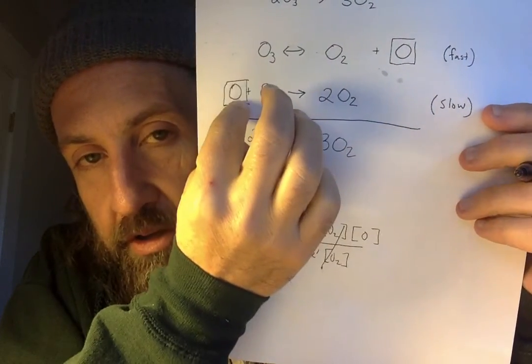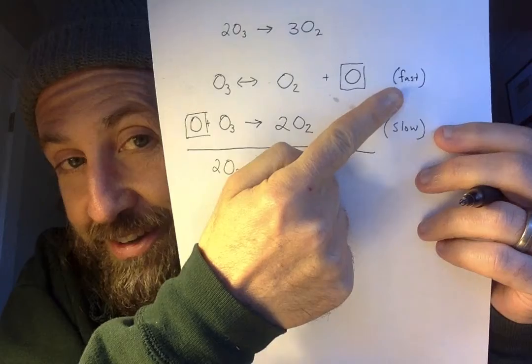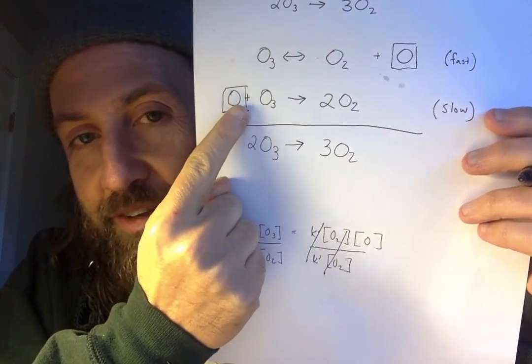So I can plug that in right here. Actually, I want to plug it in right there because that's the slow step. Don't plug it in the fast step, plug it in the slow step. So I can plug that into the slow step, and now I have rate equals O3 over O2 times O3.